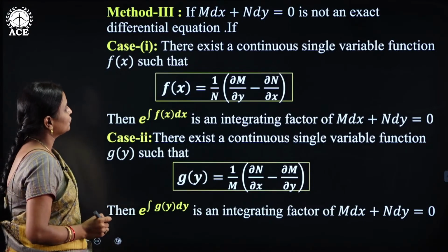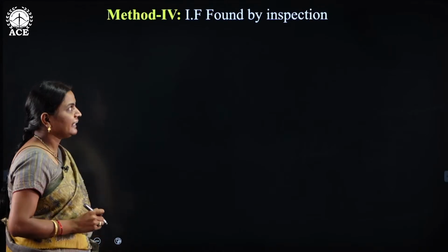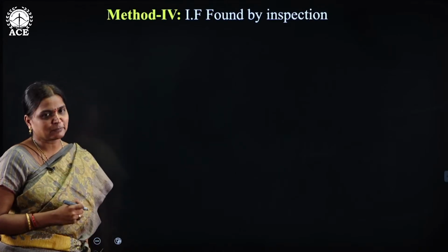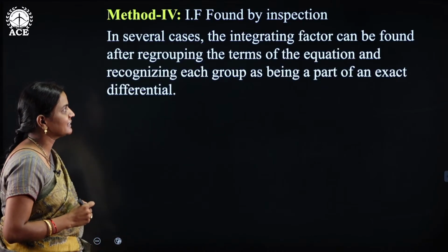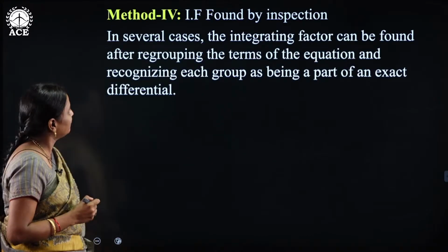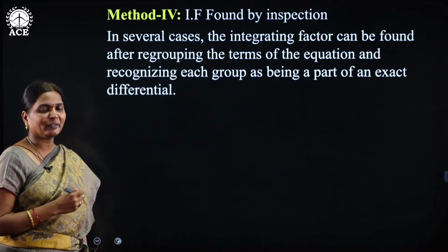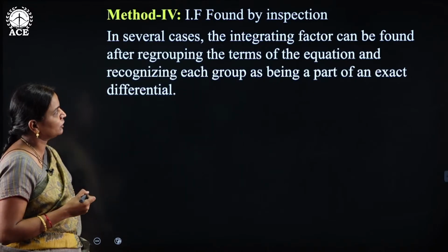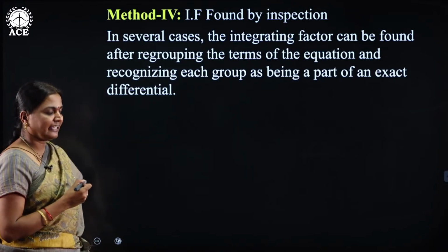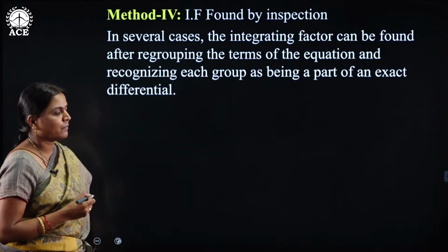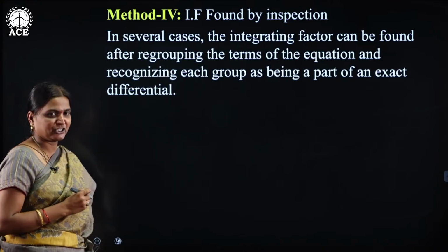Next, coming to the fourth method, integrating factor found by inspection. Sometimes we regroup the terms. In several cases, the integrating factor can be found after regrouping the terms of the equation and recognizing each group as being a part of an exact differential.